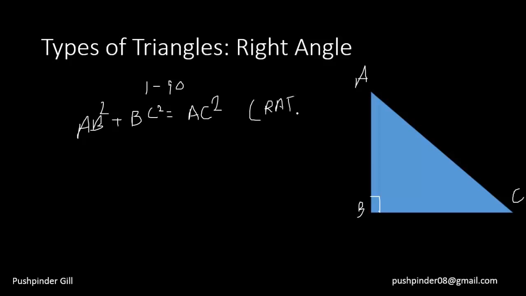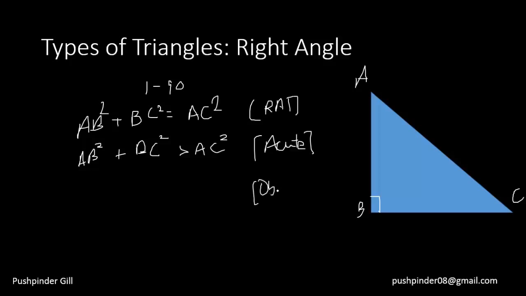Similarly, if you take an acute triangle, then AB square plus BC square would be greater than AC square, the biggest side. Similarly for an obtuse triangle, it would be the same thing, except that this would be less than AC square.